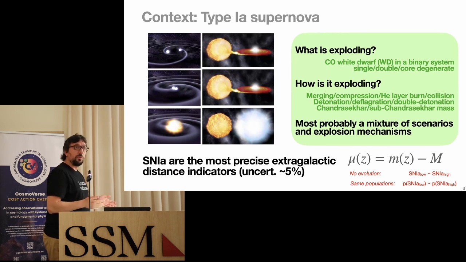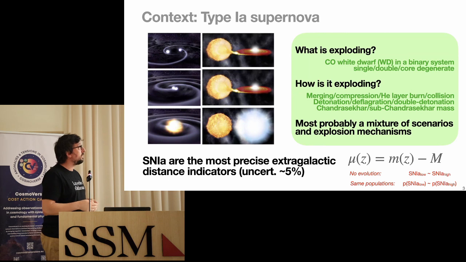We know that they are white dwarfs in binary, as I said, probably with three stars as well. And we know that what is exploding is a white dwarf, an old star, but the progenitor system may be a single degenerate with a massive star, a double degenerate, core degenerate.